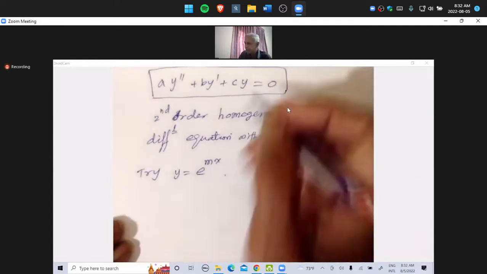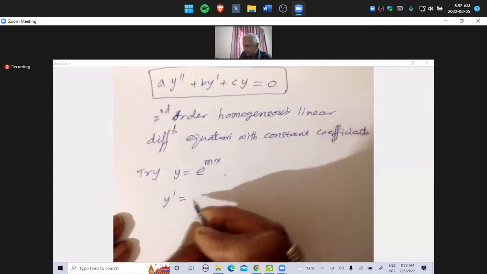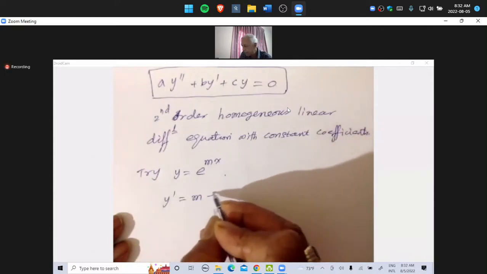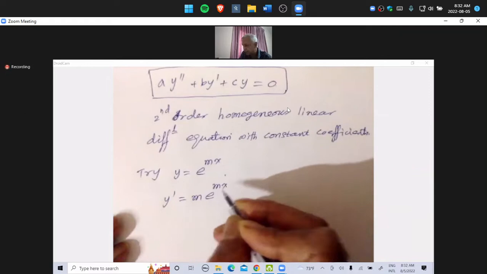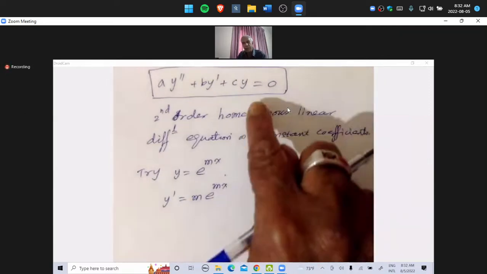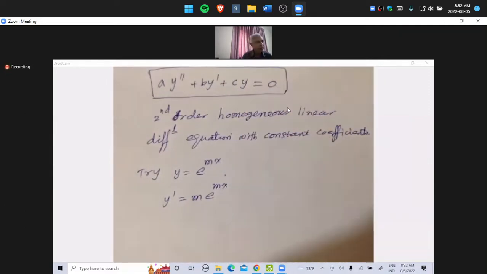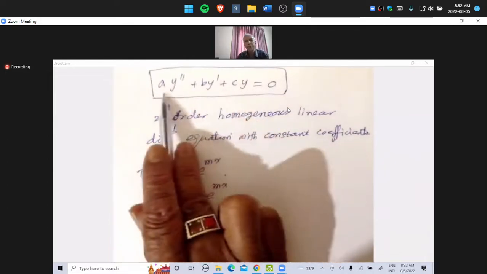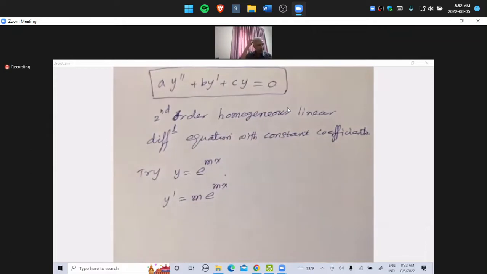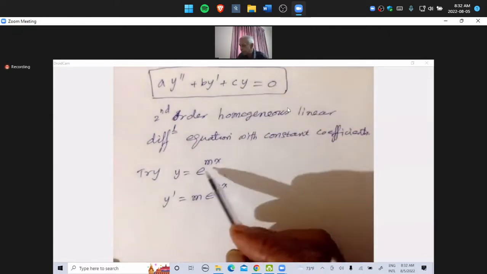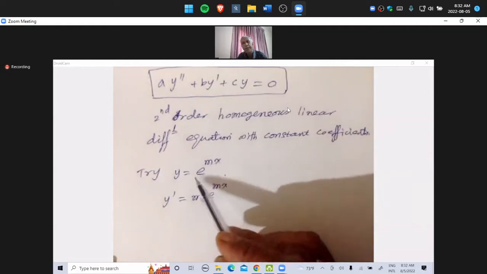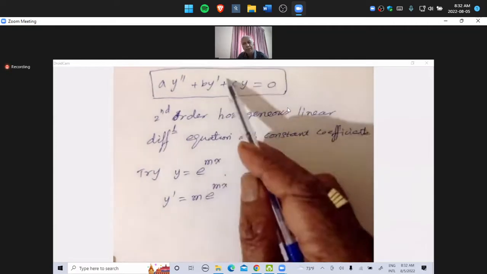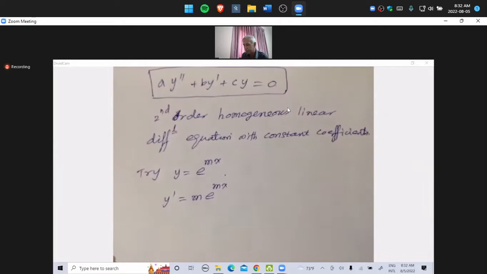If you try this, y dash is going to be m e to the mx. We are guessing a solution to this equation. We need to somehow find two linearly independent solutions of this equation. Second order, two linearly independent. If it has solutions of this form, and we can find two such solutions, we can write down the general solution.